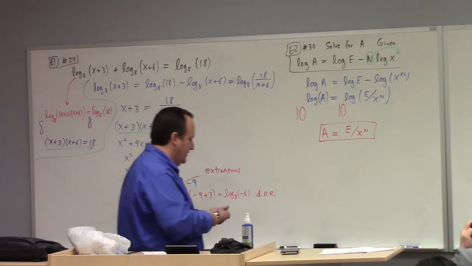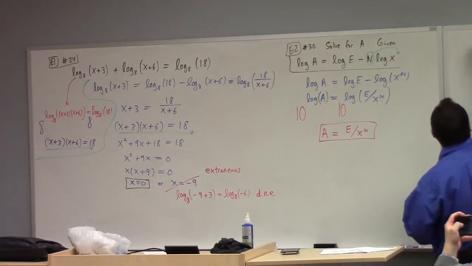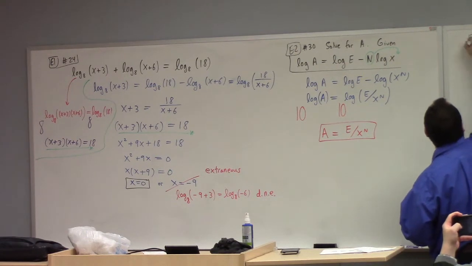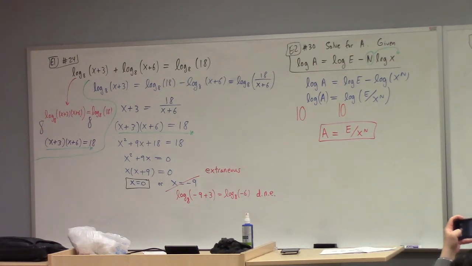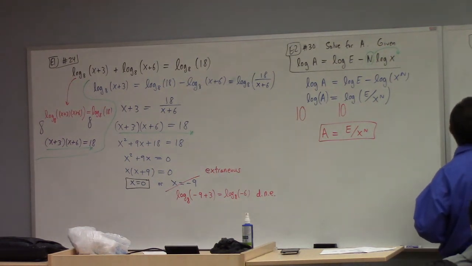So just a couple of final examples here. There's basically two main things you need to be responsible for in terms of logarithmic simplification problems. The one is to collapse. So let's collapse.